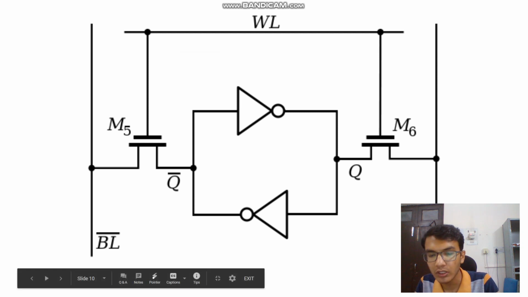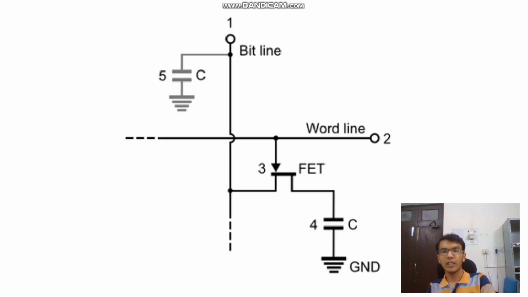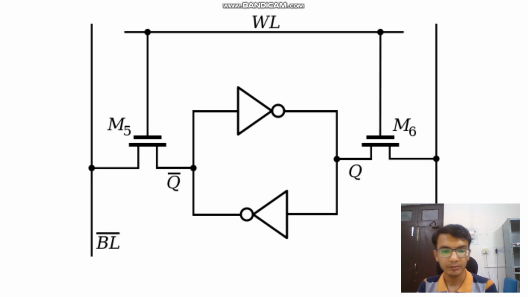So static random access memory is much faster than dynamic, but the main advantage of dynamic random access memory is that its storage capacity is high, because it uses just one transistor and one capacitor in each basic unit, so it takes less space. That is the difference between static and dynamic memory. Thank you.